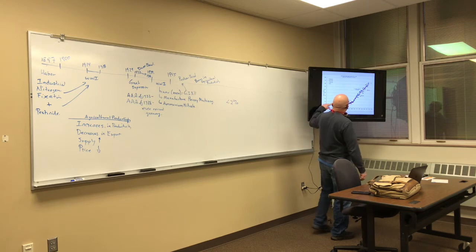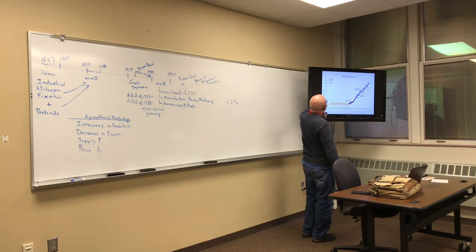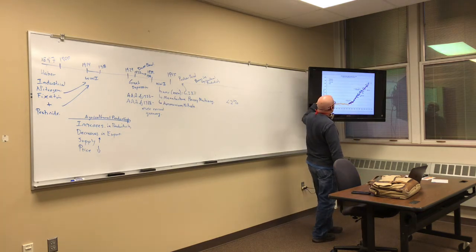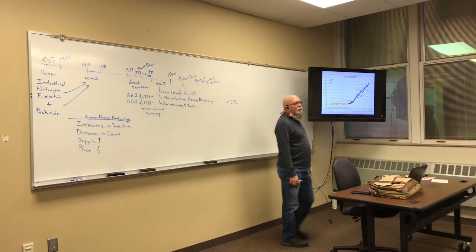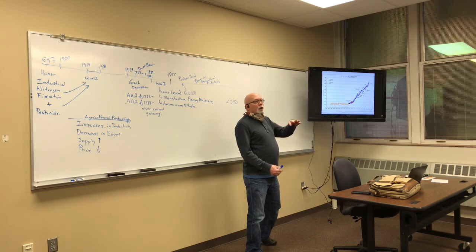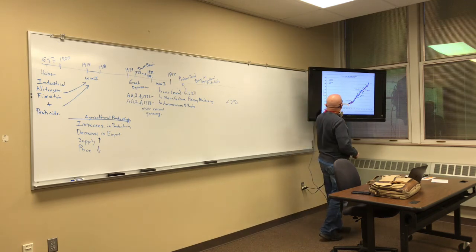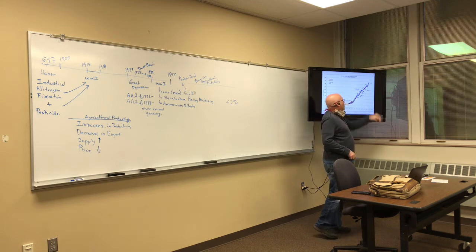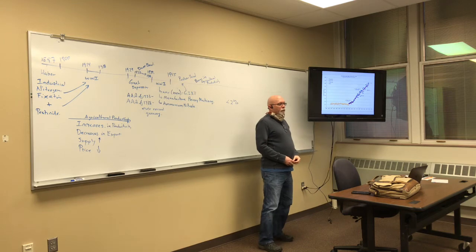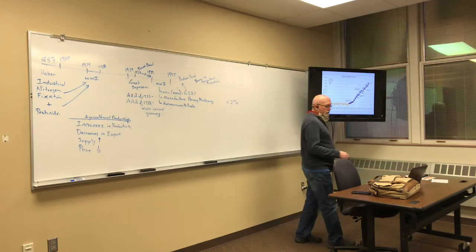Notice that this productivity in terms of grain yield, in terms of bushels per acre, is relatively constant until this period during and shortly after World War II, where there's an increase in the slope of bushels per acre versus time. And then after World War II, that thing just kind of takes off. And we've been cooking with butane ever since.